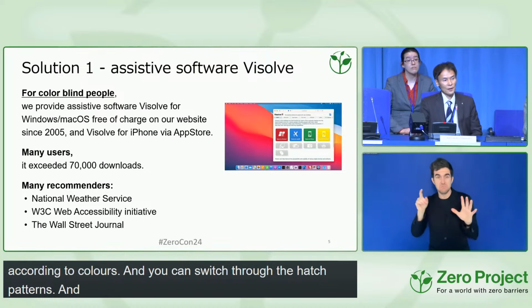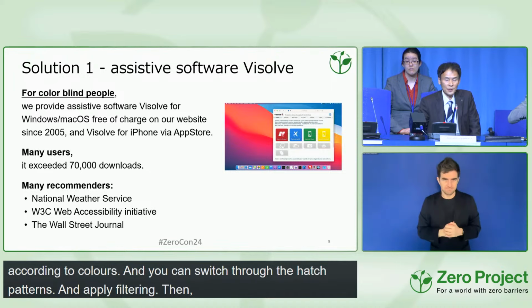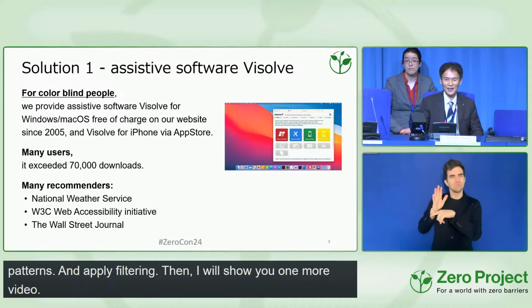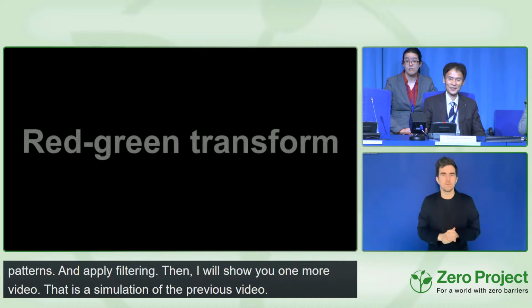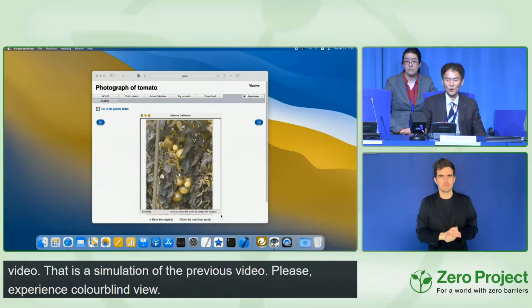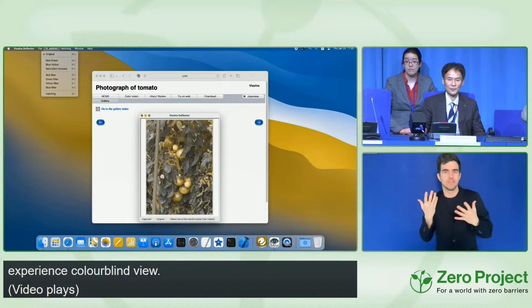Then I'll show you one more video. That is a simulation of the previous video. Please experience the colorblind view. Do you remember it converts redder colors to brighter and greener colors to darker?